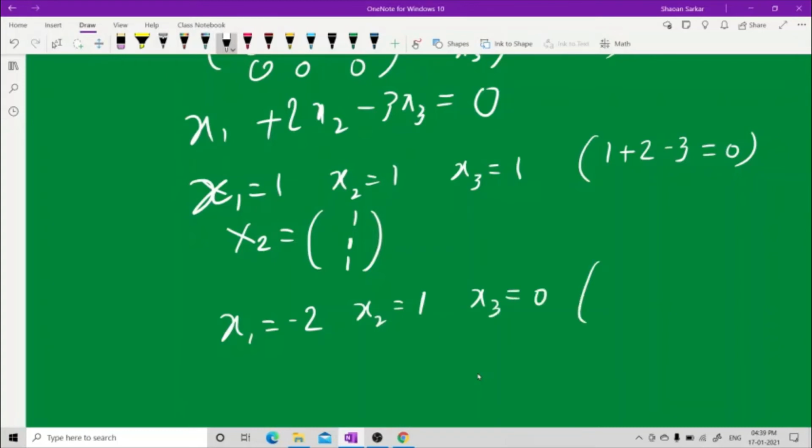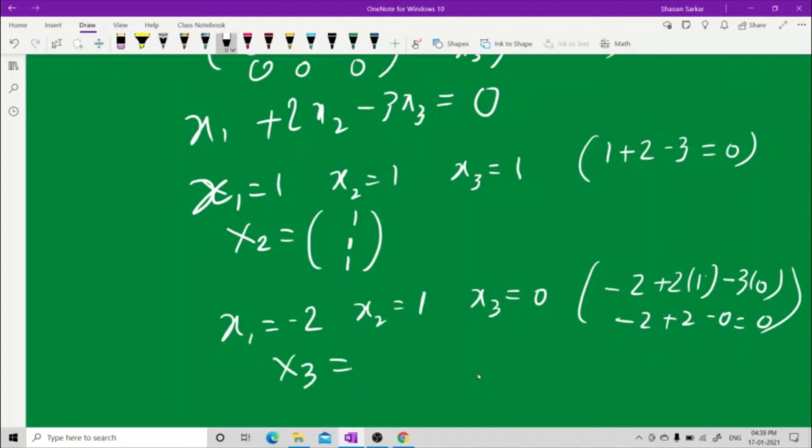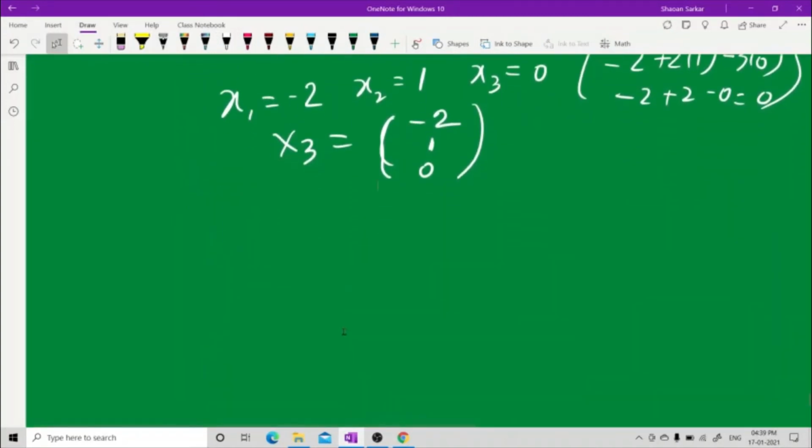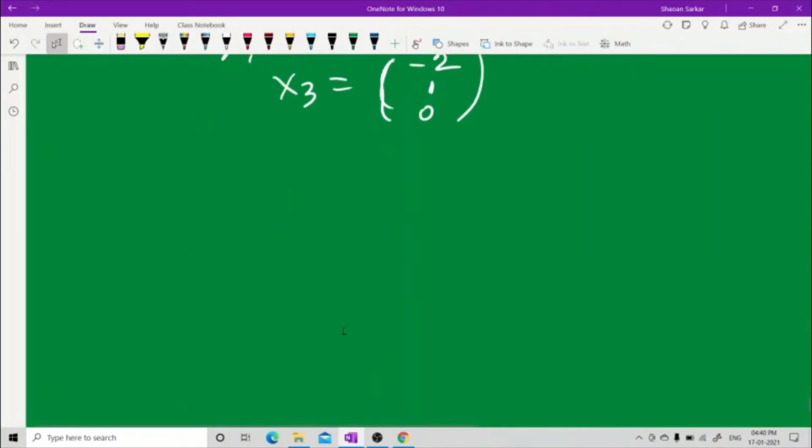So minus 2 plus 2 into 1 and minus 3 into 0 gives minus 2 plus 2 minus 0, again 0. So my next vector comes out to be minus 2, 1, 0. You can take any number of your choice. They are linearly independent but not unique. With this, I have made you understand the concept of geometric multiplicity and algebraic multiplicity.